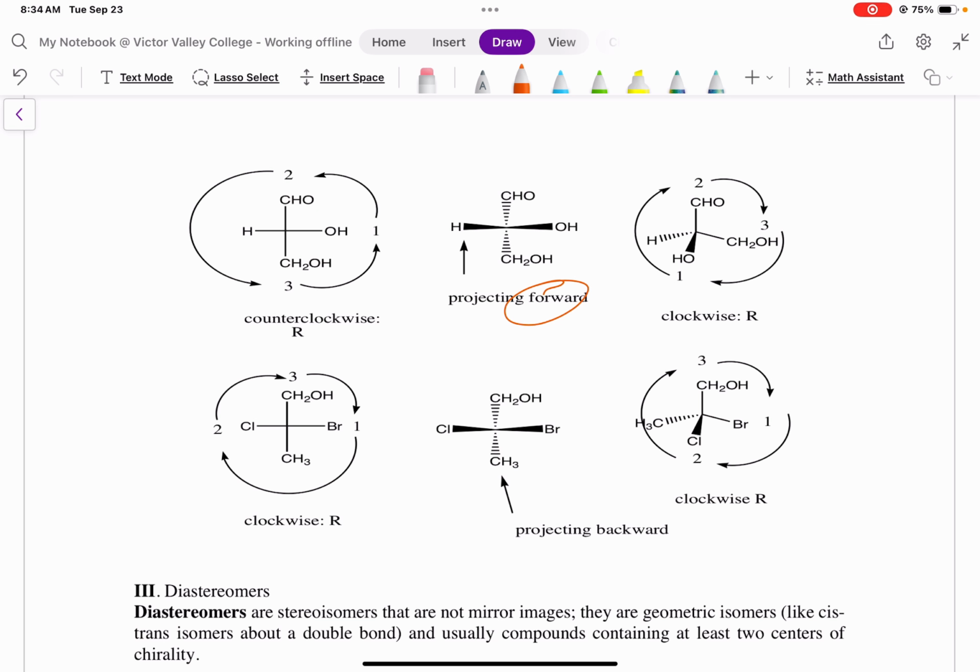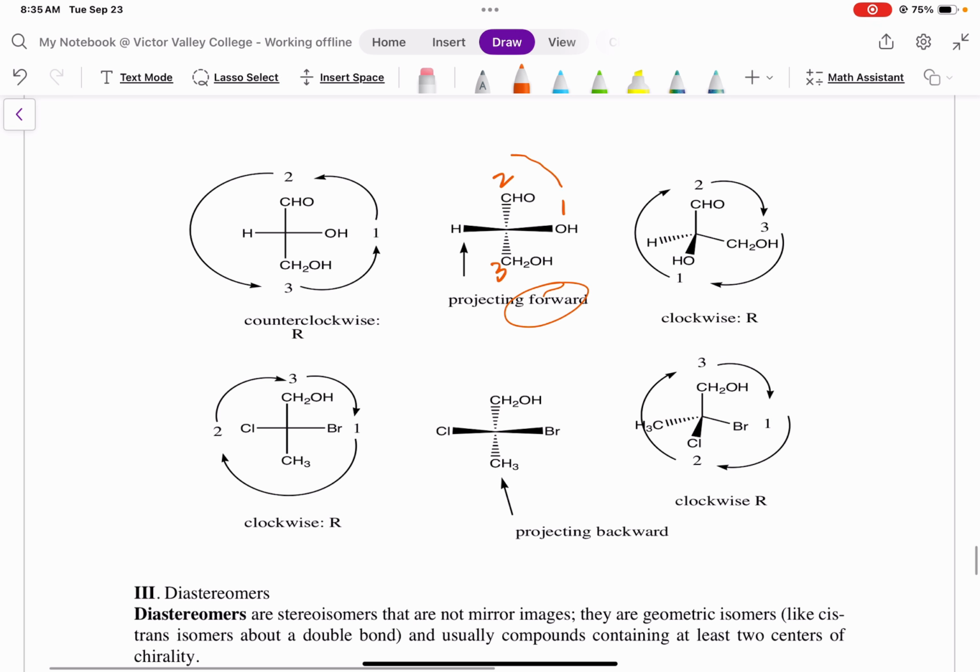So when it's forward, the rotation is actually the other way. Okay. So that's 1, 2, 3. That's a good one. That's CHO. That's double bond O versus single bond O. So that's why it's first. So that looks like S, but it's actually R. Okay.